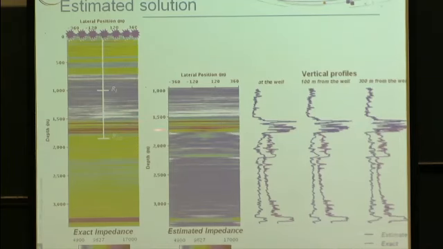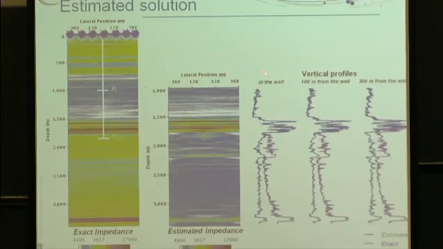To analyze the resolution, I have displayed the vertical profiles at the well, 100 meters from the well, and 300 meters from the well. In pink you have the exact impedance profile, and in blue the estimated one.